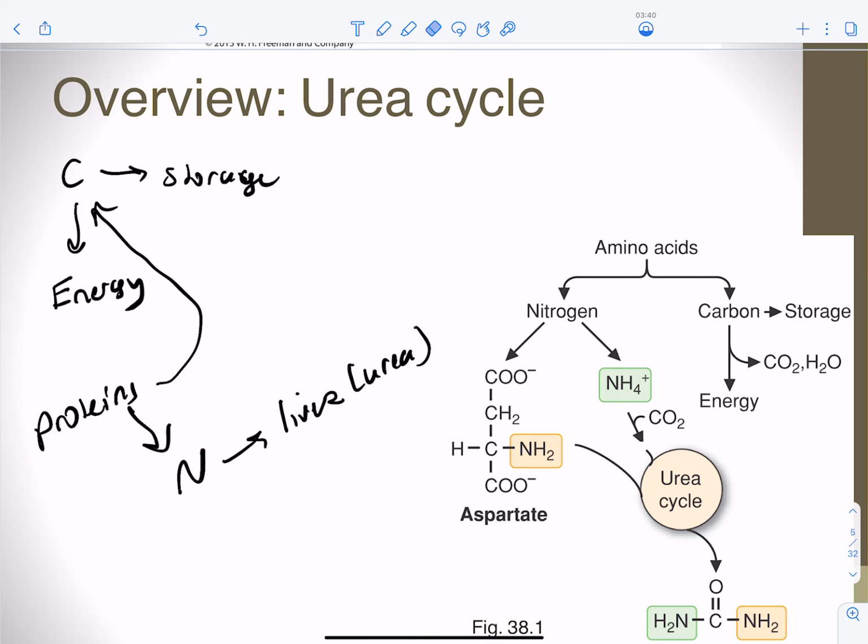This is going to make sure that the liver is not both a producer and consumer of glutamine.